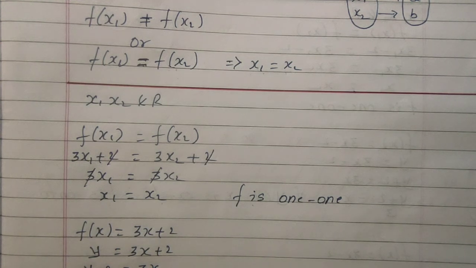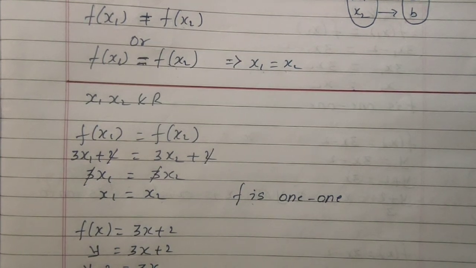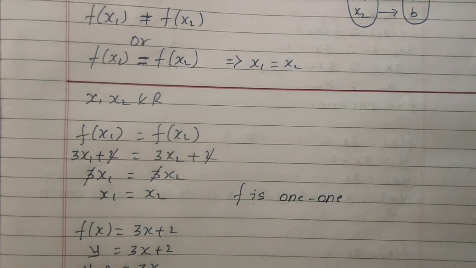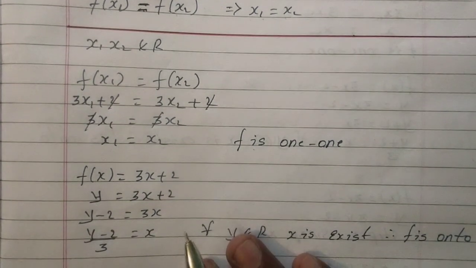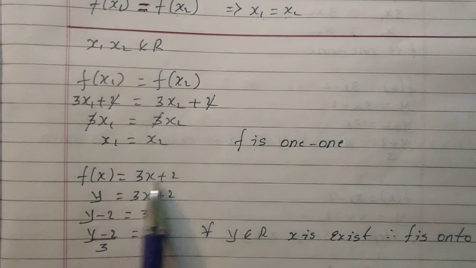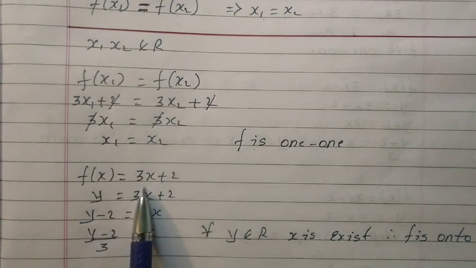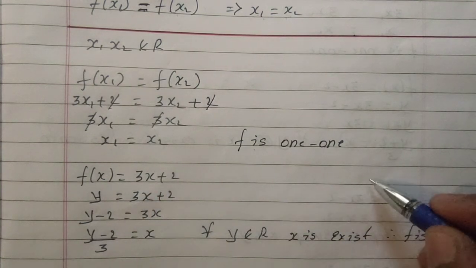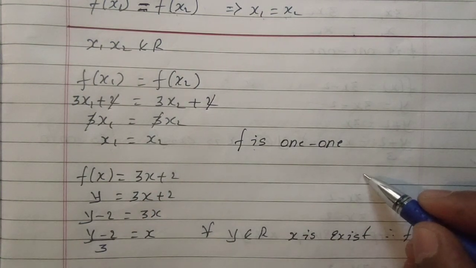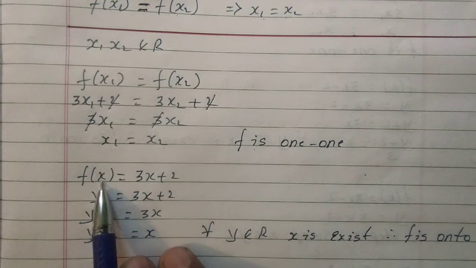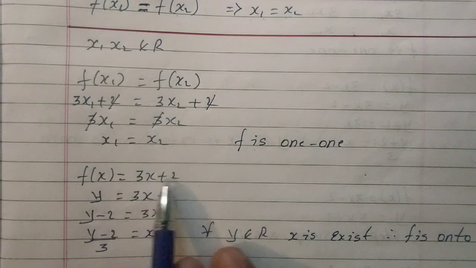Now how to check onto? See, I already told you, if every image has some pre-image, then the function is onto. Let me take f of x equals 3x plus 2. This is my function. Suppose I take x equals 1: 3 ones are 3, plus 2 is 5.